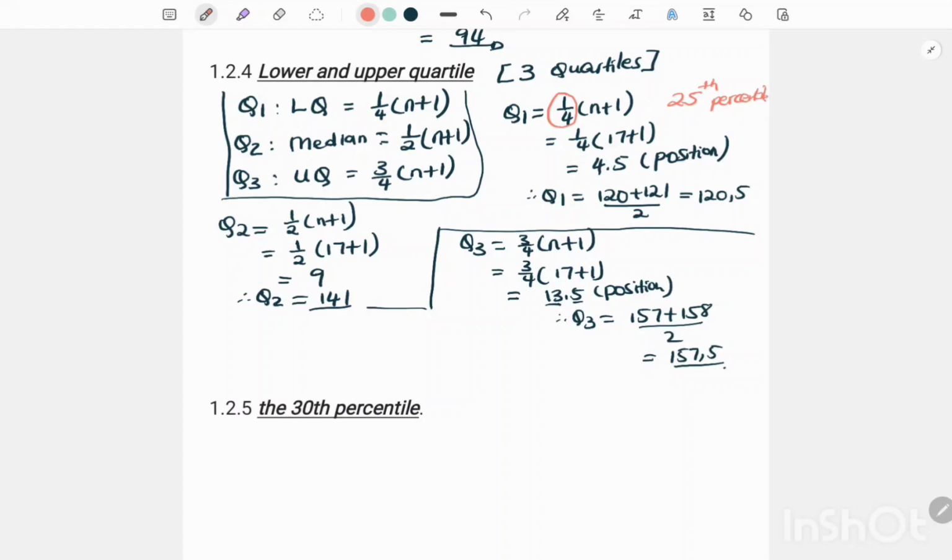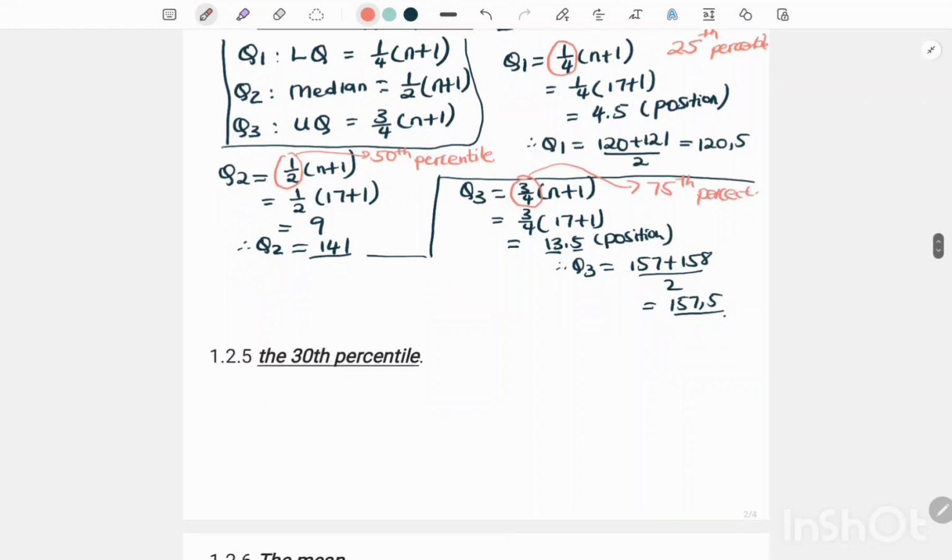If they ask you about the 25th percentile, you're simply going to use the formula for Q1. And 1 over 2 is the same as 50%, so this is the same as the 50th percentile. Be careful of that. And then 3 over 4 is the same as 75%, so it's the 75th percentile. So be careful of that.